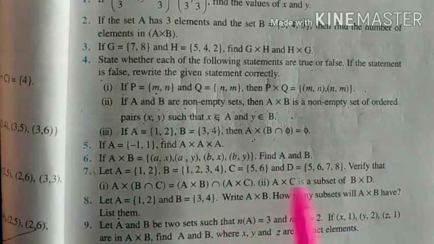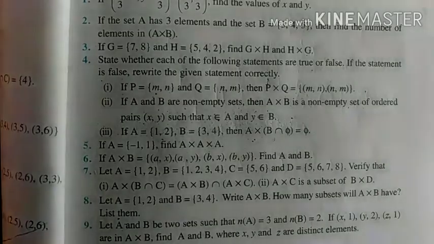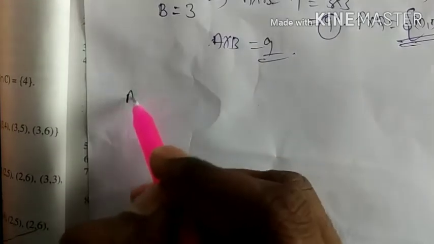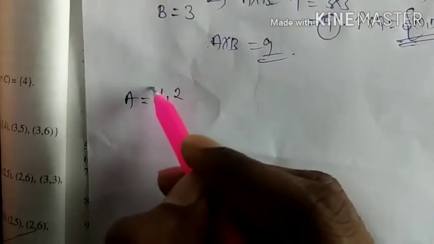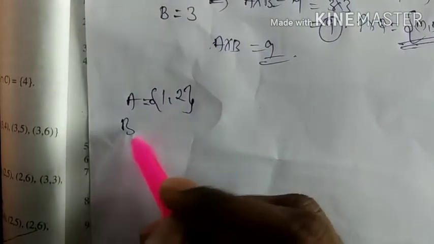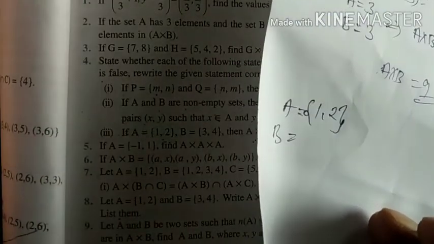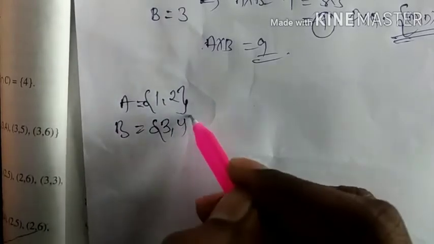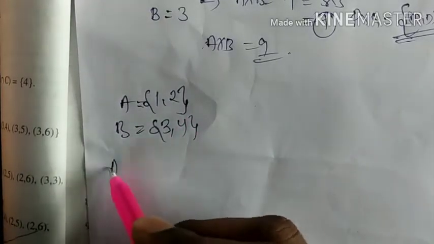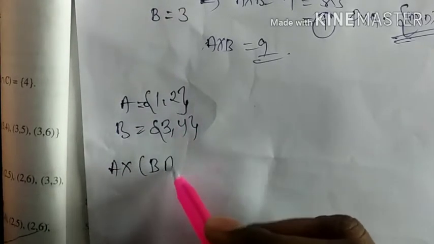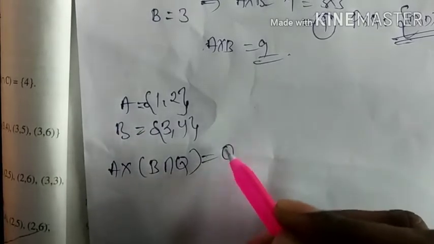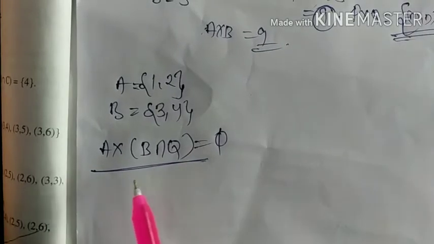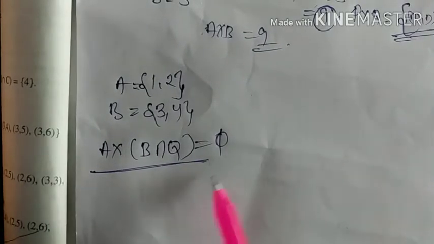So A is equal to {1, 2} and B is equal to {3, 4}. Now the question is A cross (B intersection C) is equal to 5. This is the statement, so we should decide whether it is true or false.